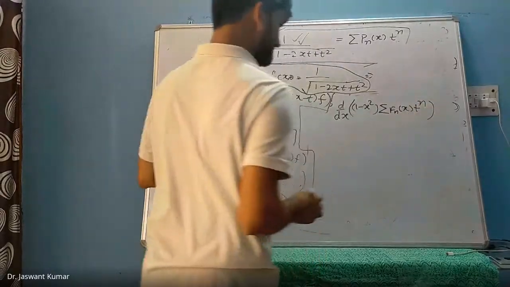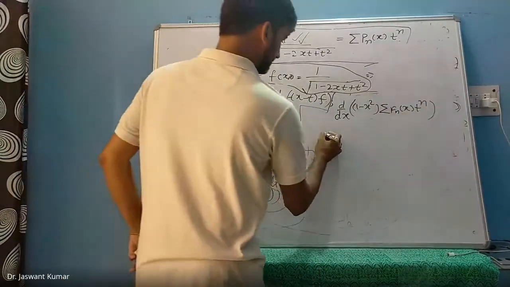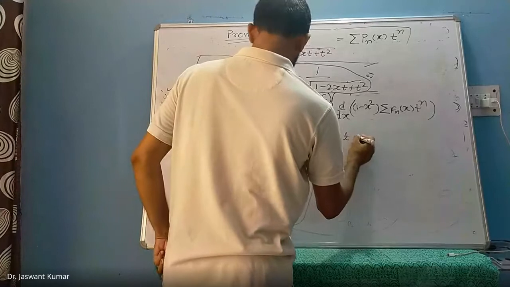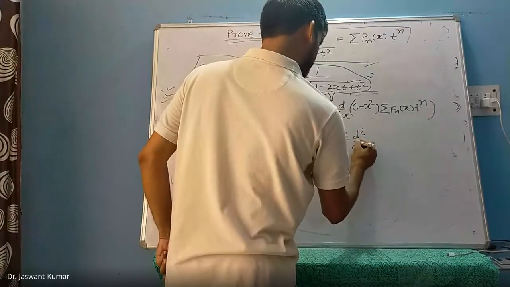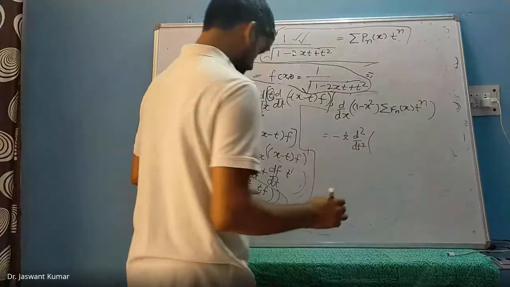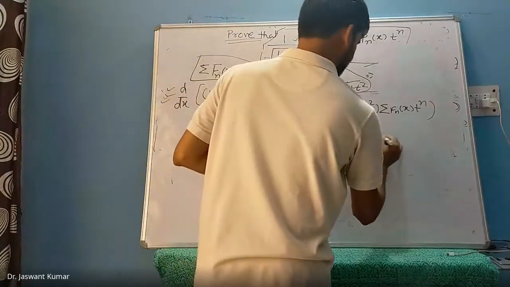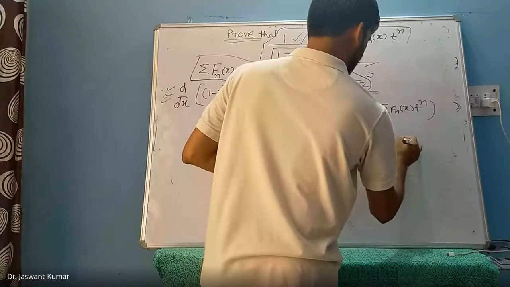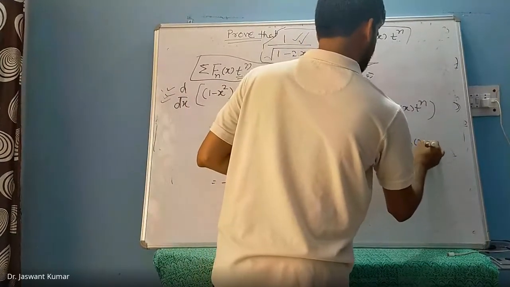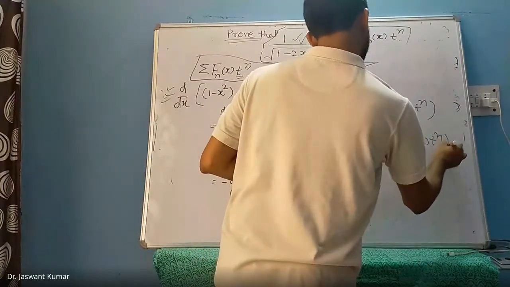This will be equal to minus t d2 by dt2 of t times f. So t times f will be t times summation f_n(x) t to the power n.